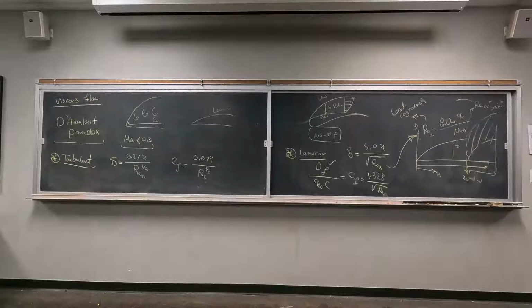I think that's X_cr, X critical. That's correct. Yeah, it would just be delta critical then. Delta at X critical. But you don't know how to calculate the friction coefficient at that specific point. So you can't just calculate it and add it. Does this make sense?